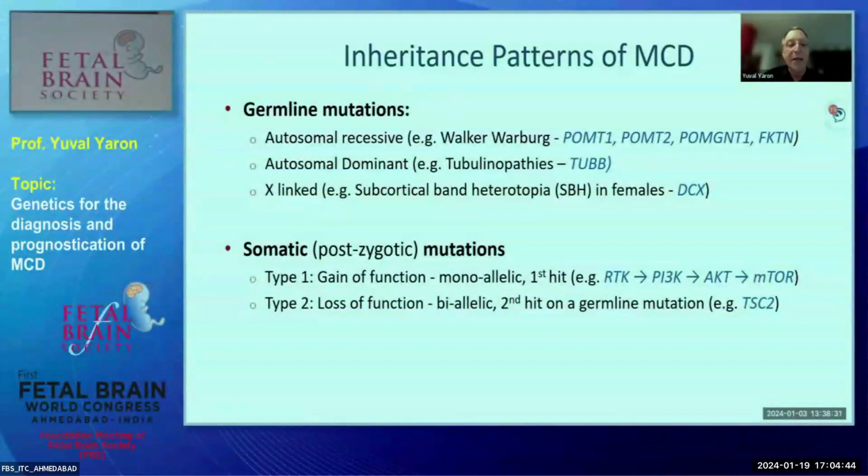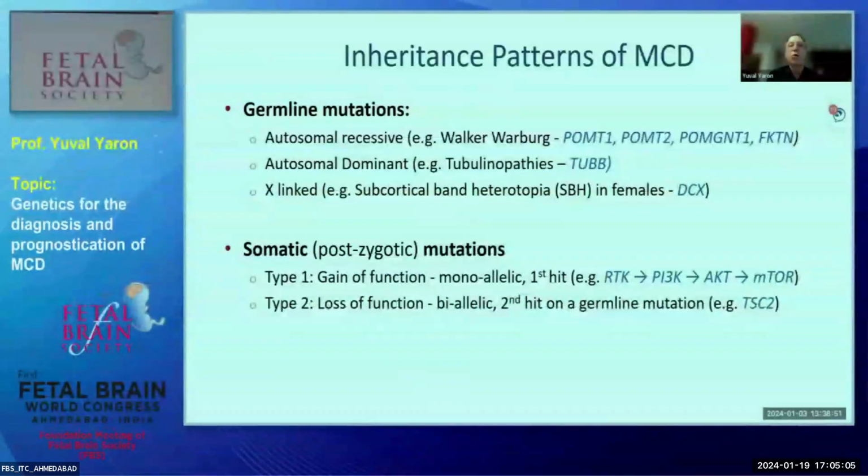I'll give just a few examples. Autosomal recessive inheritance, where both parents are normal carriers. A good example is the Walker-Warburg syndromes caused by different genes, recessive. Autosomal dominant, a good example could be tubulopathies.